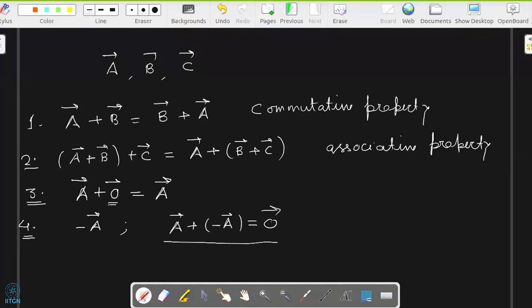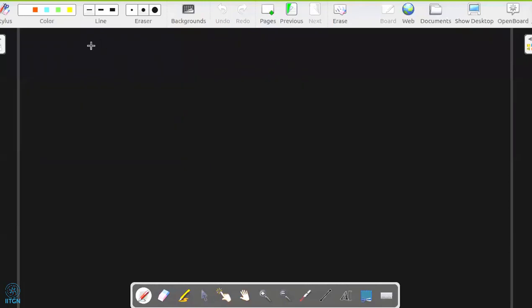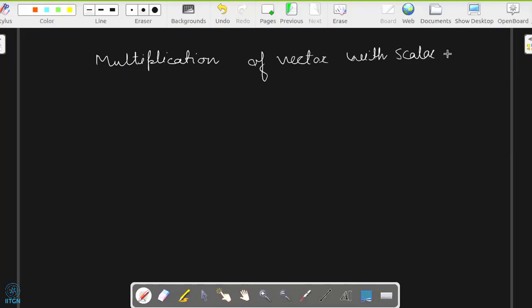Now if we multiply the vector with a scalar, multiplication of a vector with a scalar. So here let's say we have vector A, and if you are multiplying with some alpha, which is a scalar, and alpha is greater than 1, then what will happen?